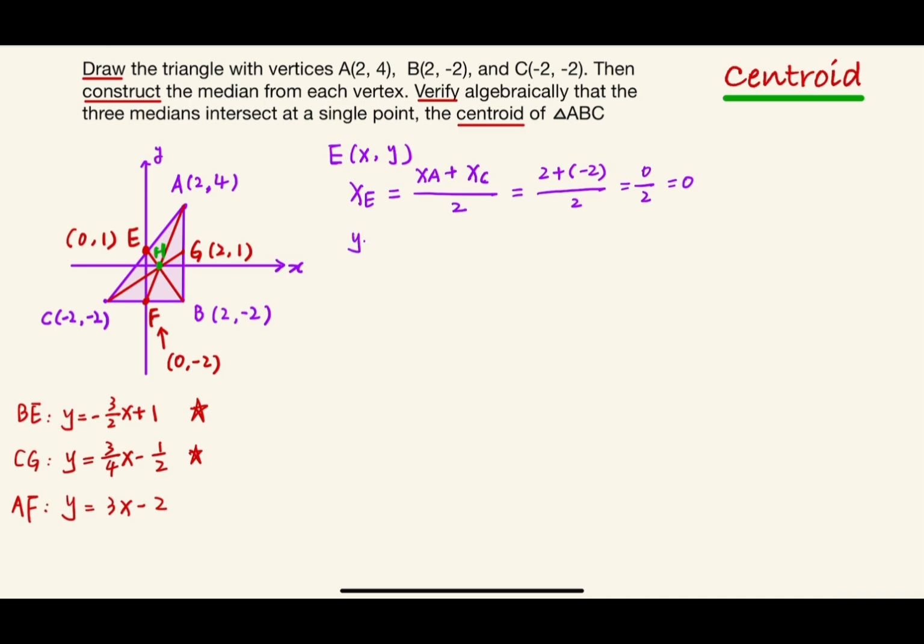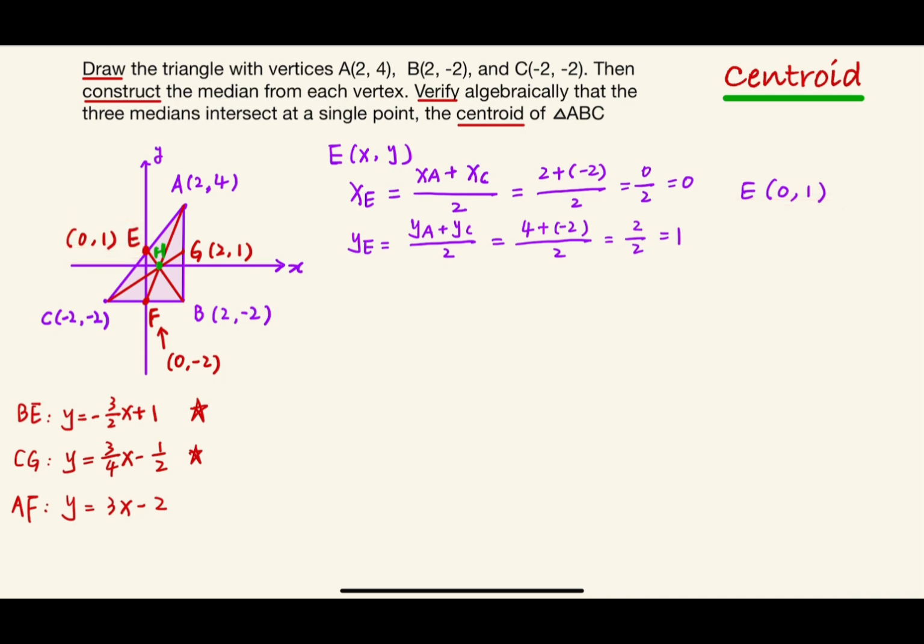Now, yE equals yA plus yC divided by 2, yA representing the y-coordinate of point A, so it should be 4. yC representing the y-coordinate of point C, it should be negative 2, over 2. 2 over 2 equals 1. Point E has coordinates (0, 1). Okay, this point is this point.